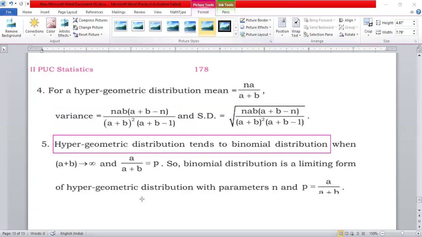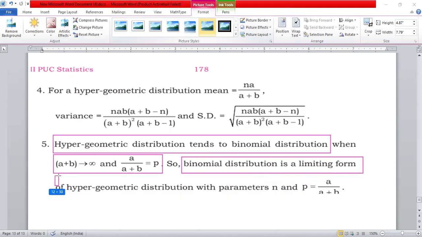Hypergeometric distribution tends to binomial when A plus B tends to infinity and A divided by A plus B is equal to P. And one more, binomial distribution as a limiting case of hypergeometric distribution with parameters N and P, where P is nothing but A divided by A plus B.